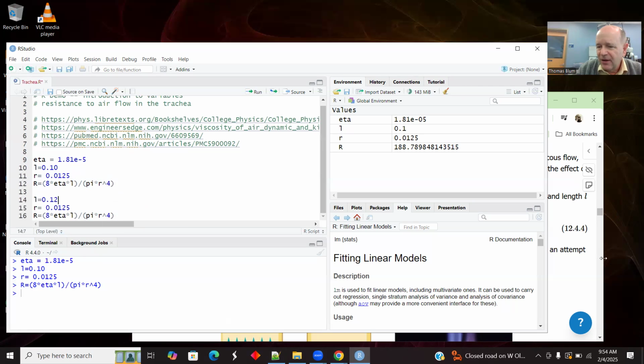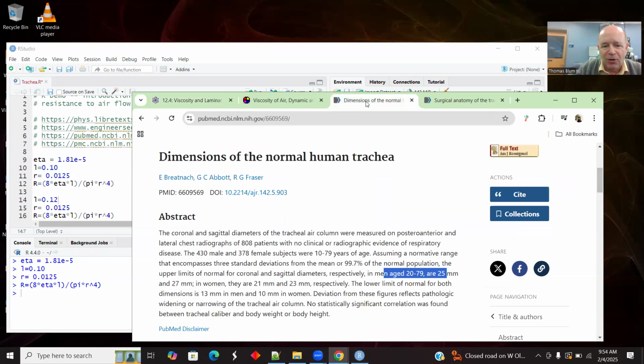And then what about the radii? What was a small radius? The lower limit of normal for both dimensions is 13. Let's do men, so 13. Divide that in half, that's 6.5, and then move the decimal place.